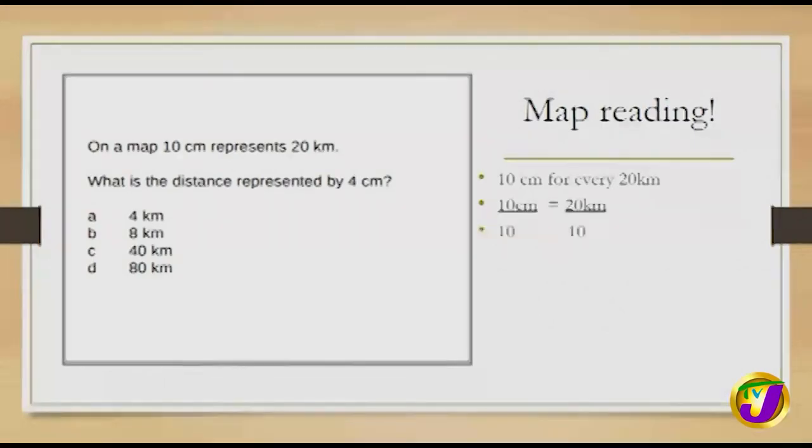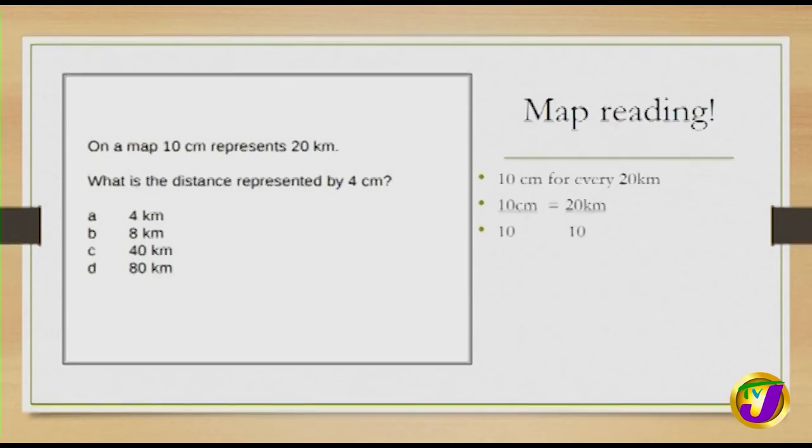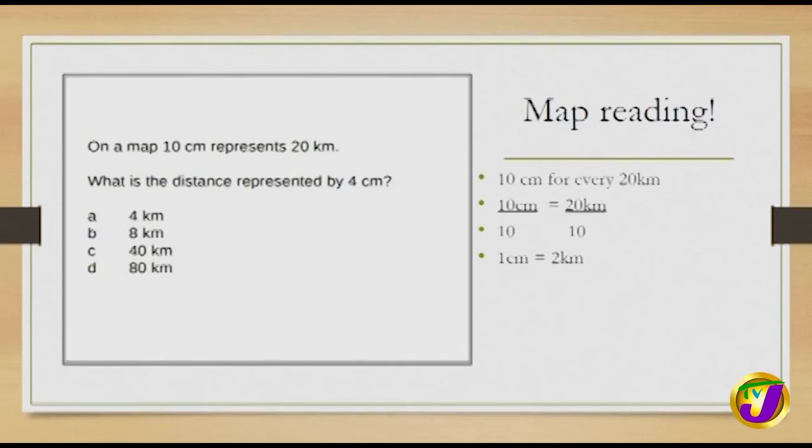We can simplify this representation. What if I factored 10 out of both of these? Divide 10 by 10, I get 1. Divide 20 by 10, I get 2. So simplifying the representation, 1 centimeter to 2 kilometers.